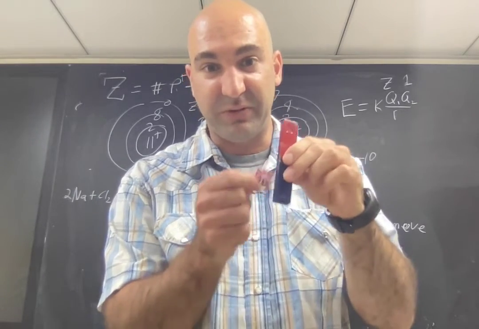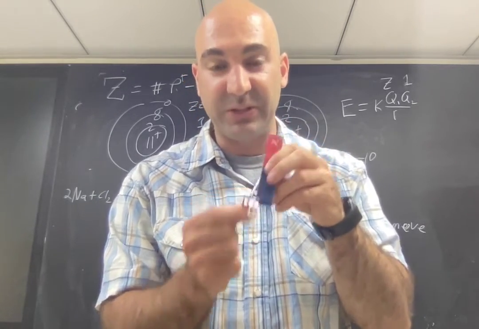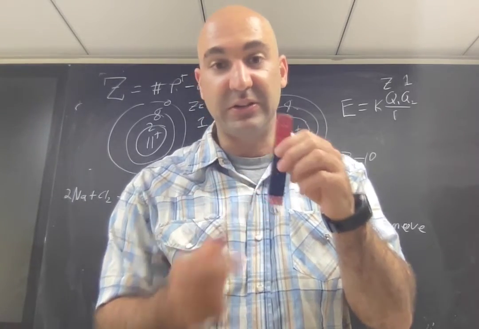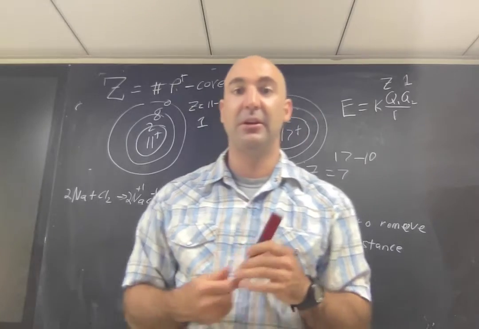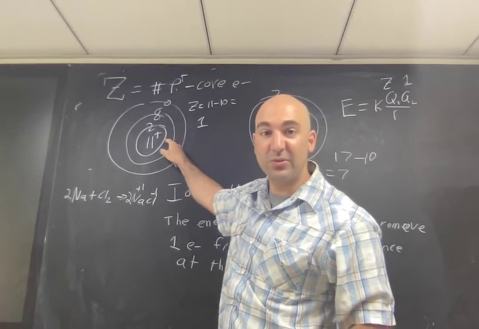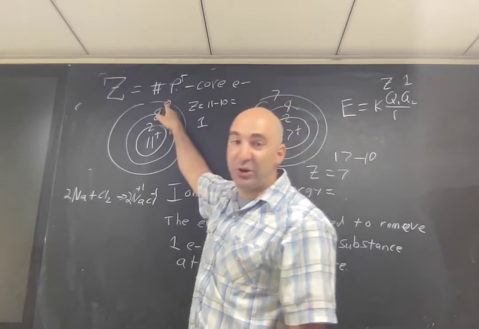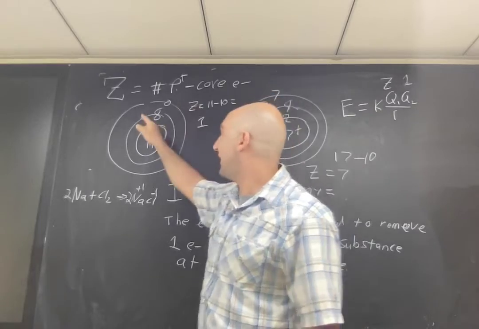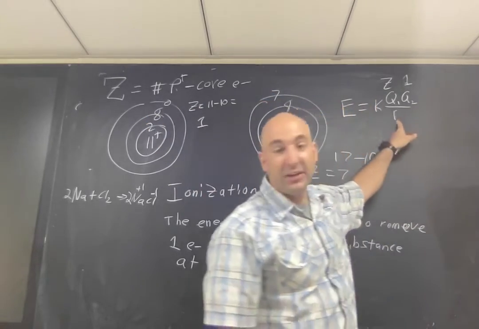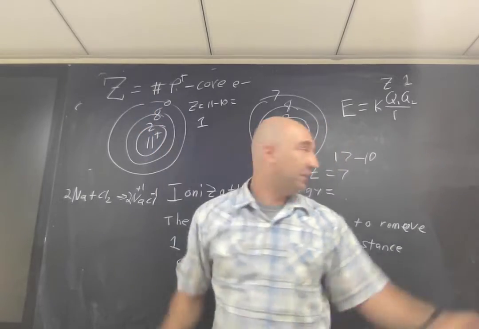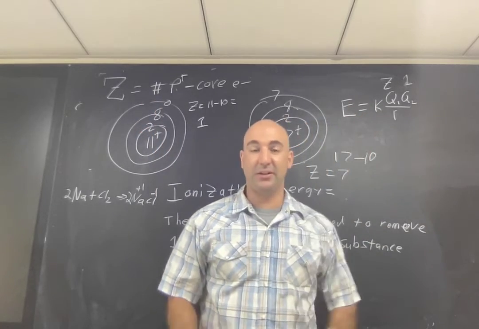There's nothing to stop it from continuing to travel, so it can go all the way into the atom. Whereas the Z with sodium is so small that this electron ends up being really far. So its radius is really big, which also reduces the energy it takes to remove the electron.